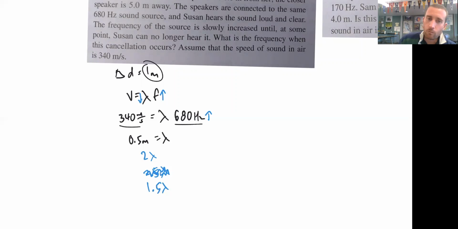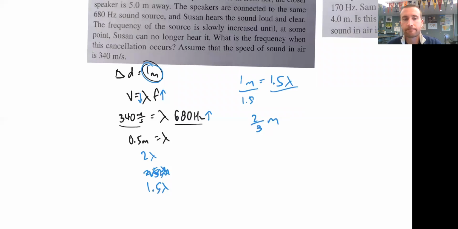So 1.5 wavelengths in 1 meter, right? 1 meter equals 1.5 wavelengths. Divide by 1.5. 1 over 1.5 is 2/3 of a meter. So now I need my new wavelength to be 2/3 of a meter. It was 0.5 meters.